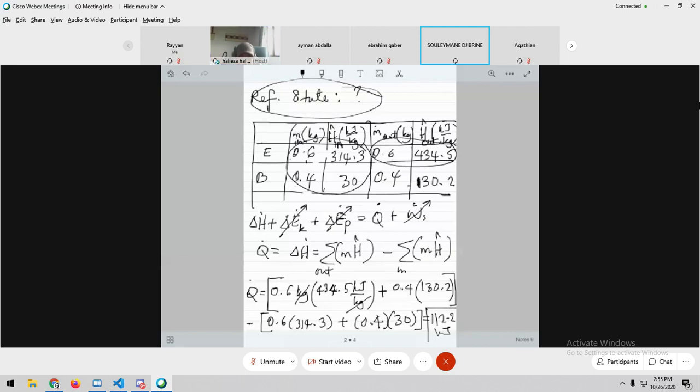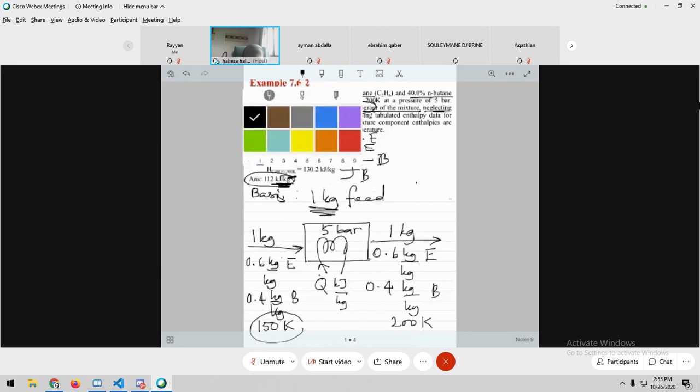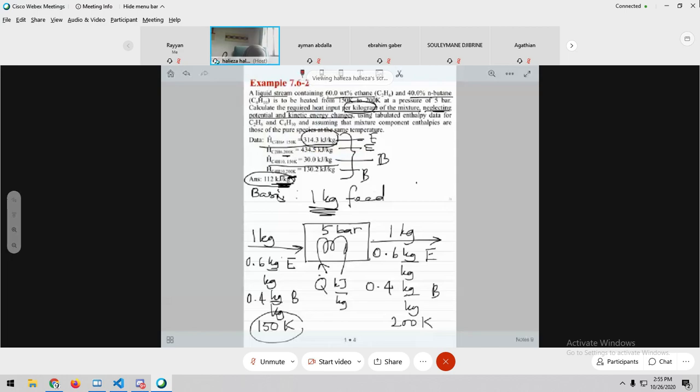Because the data that you get, hold on, let me go to the first page. This data that is given is from a textbook, the Perry Chemical Engineers Handbook. It is specified in your textbook that it is from that handbook.